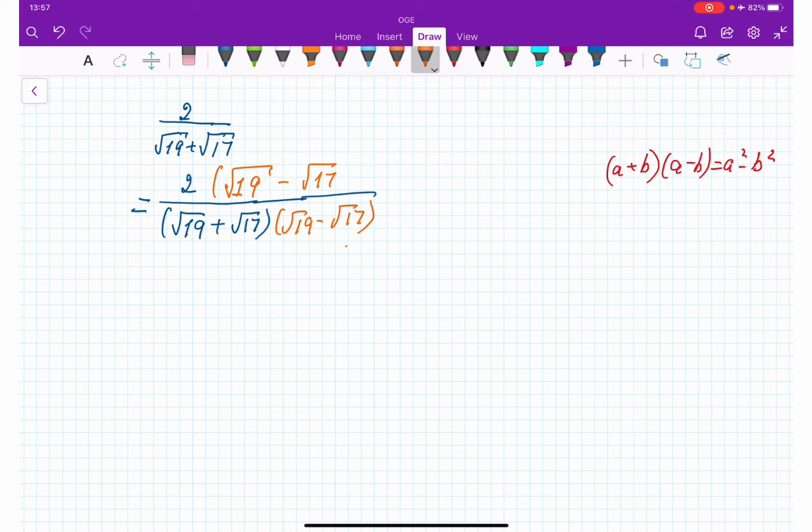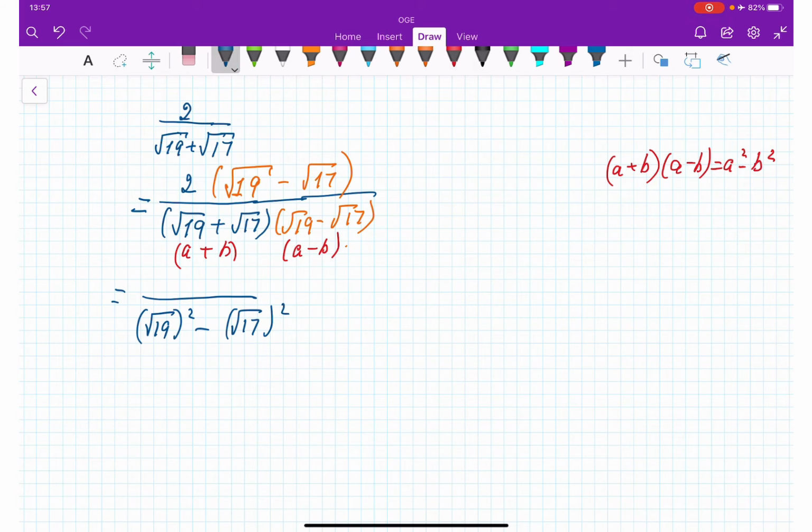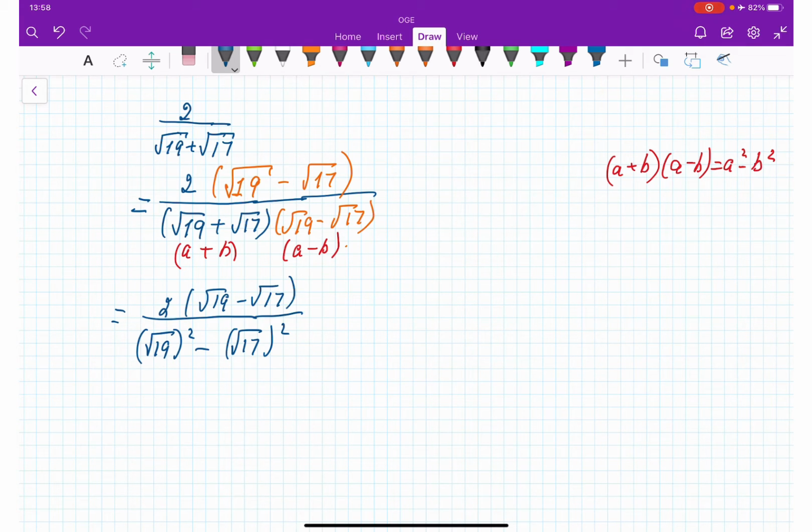So we get square root of 19 squared minus square root of 17 squared, because here we have a plus b, a minus b. In the numerator we get twice square root of 19 minus square root of 17.